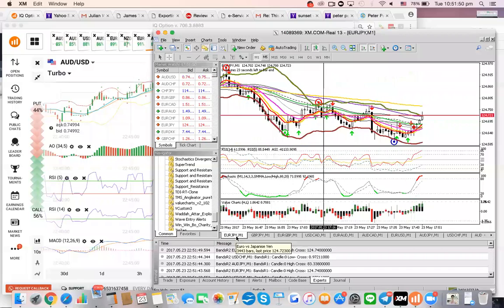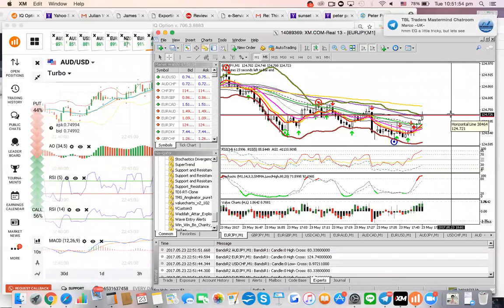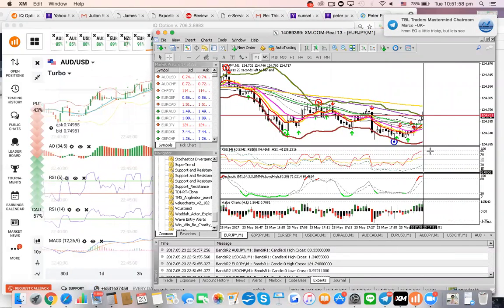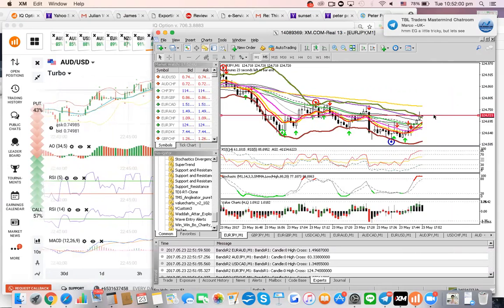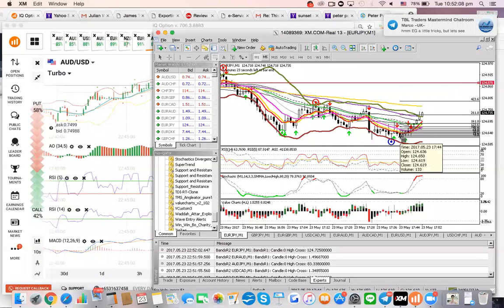So let's see what we have. All right, EJ. Perhaps this is a potential one. EJ, it's possible. If we can get a little bit higher, that would be great. Let's do a Fibonacci on this. 261.